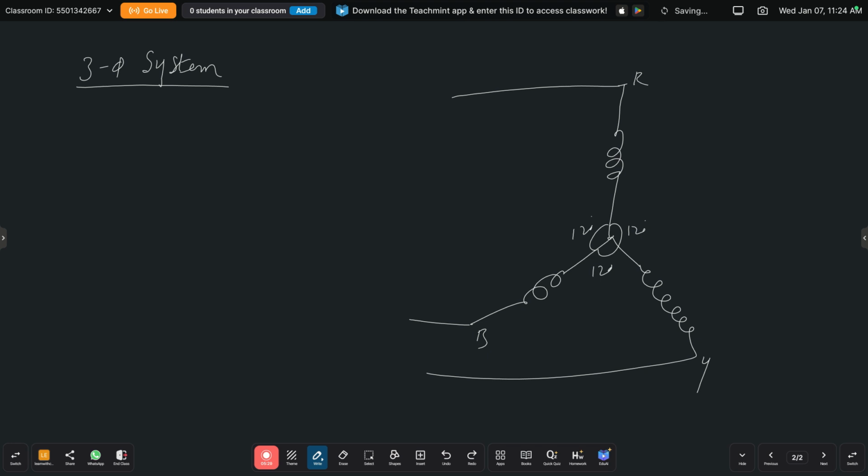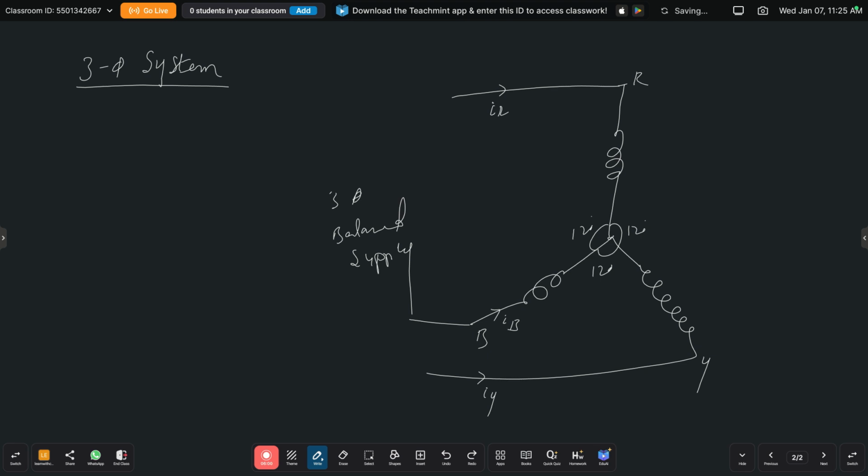For this three-phase system, if you give a three-phase balanced supply, then in the R coil the current flowing is IR, in the Y coil it is IY, and in the B coil it is IB.